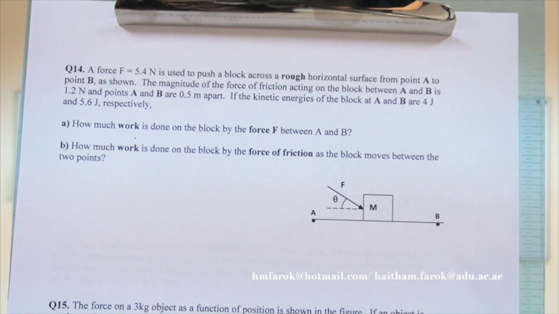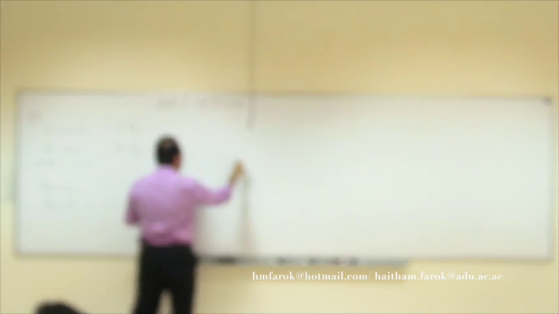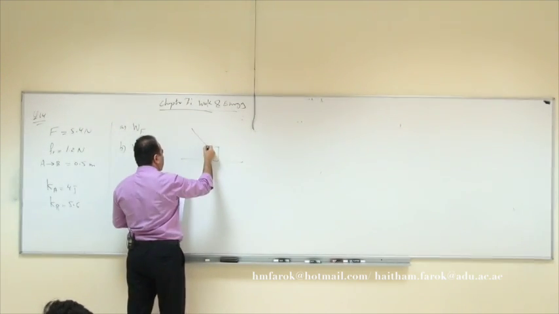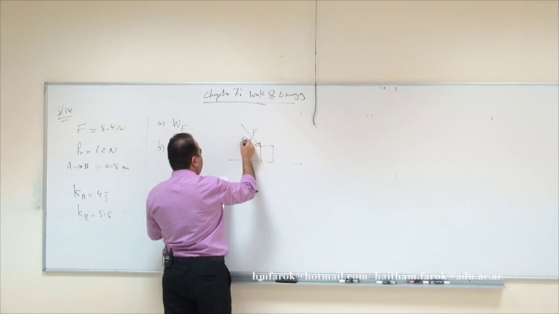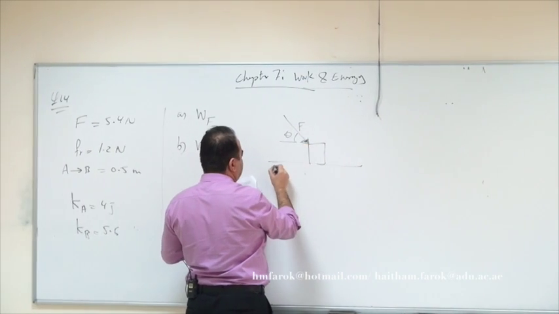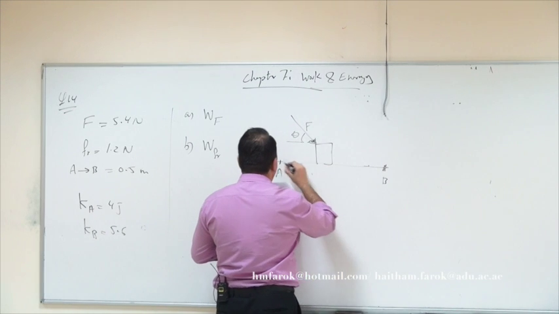Part B, what is the work done by friction force, WFR? So this is the question, and there is a drawing. I'll do it here. This is F, and this angle, theta. And this is point A, and this is point B.